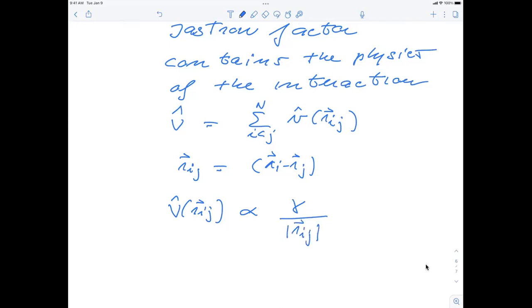That's one of the most common potentials. And if you look at the Coulomb interactions between two particles, or if you think of the gravitational force, many of the fundamental forces in nature have this kind of dependence. That means inversely dependent on the absolute value of the relative distance.